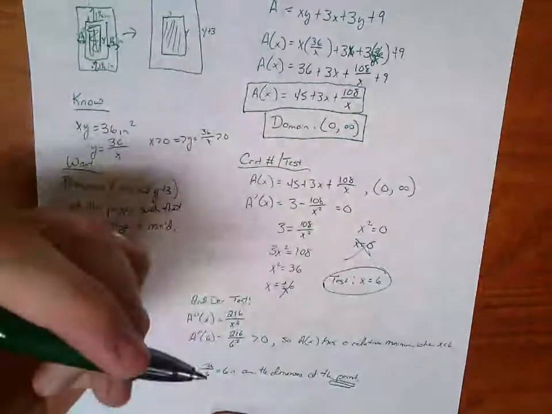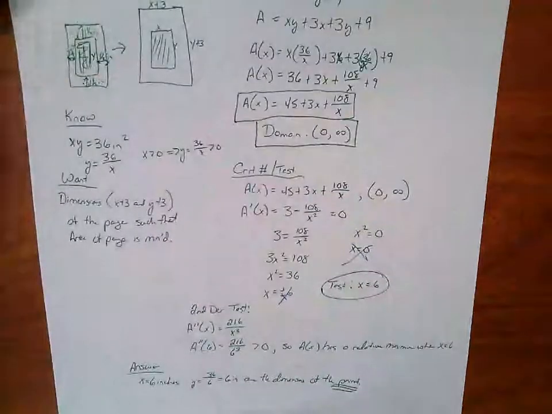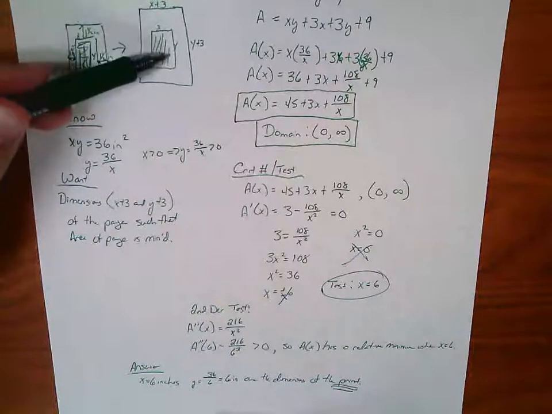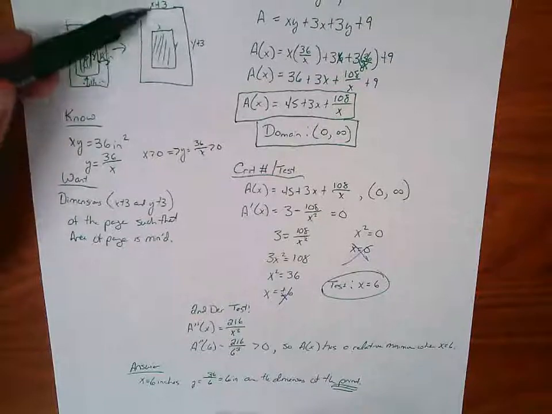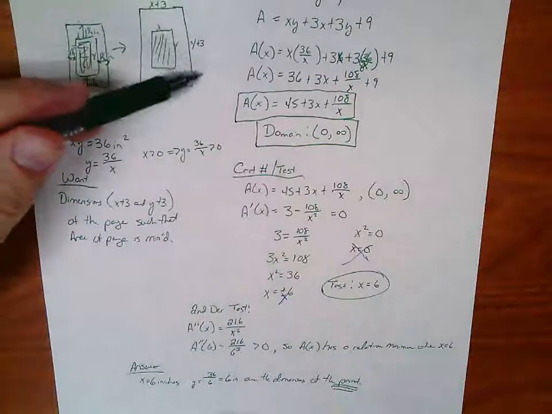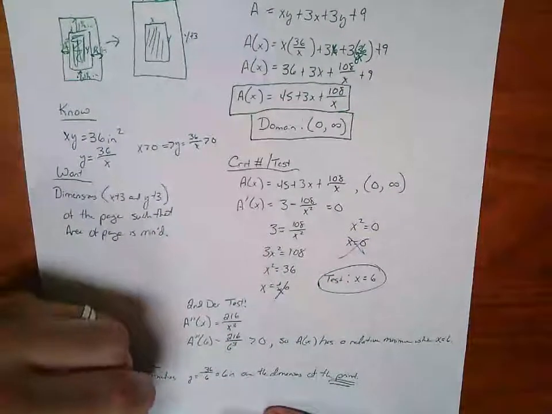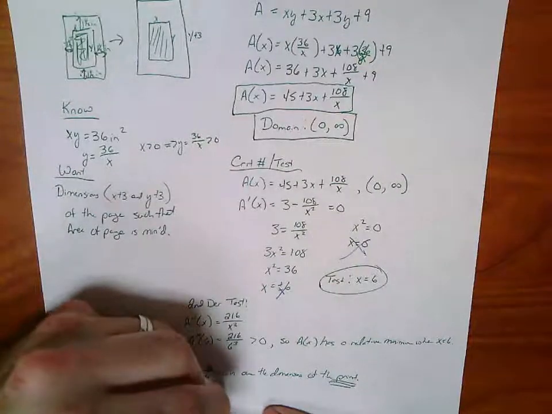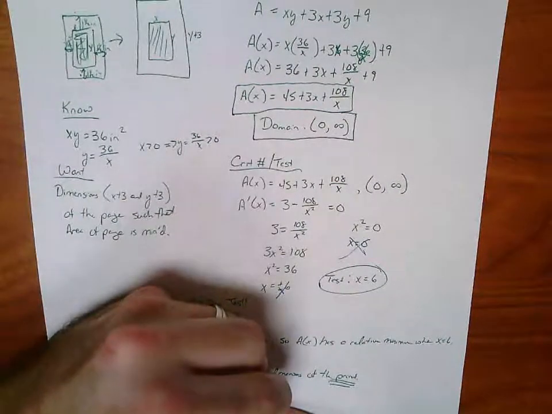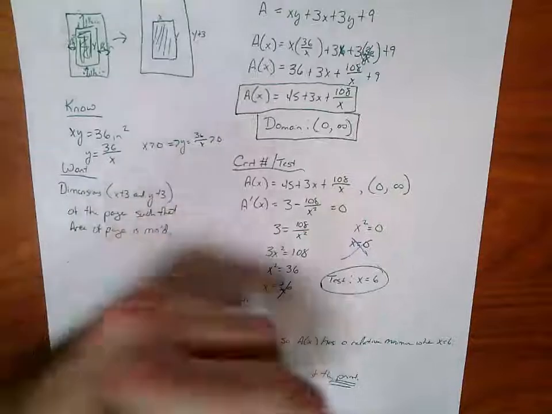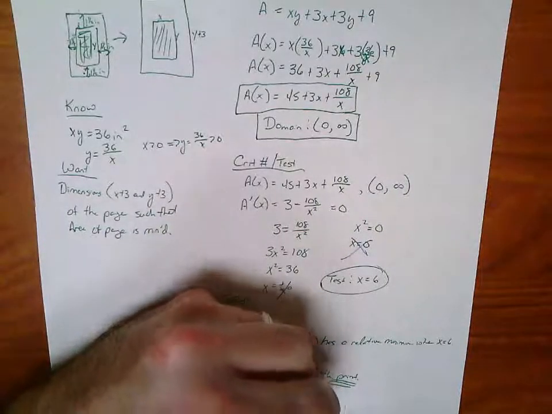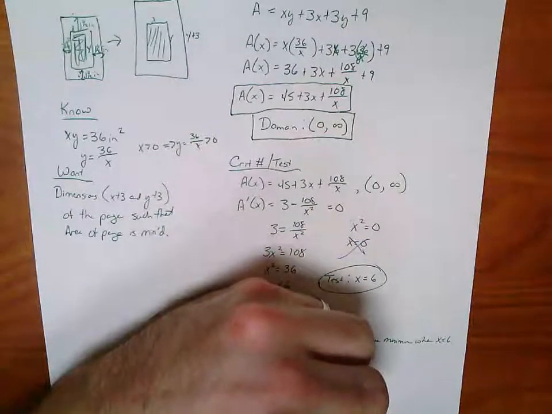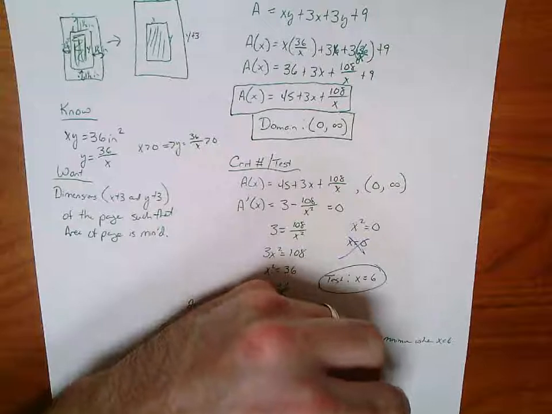What did we want? We wanted dimensions of the page, right? So of the entire sheet of paper. Remember, x and y are our dimensions of the print. So to get the dimensions of the page, we need to add 3 to both x and y. So the dimensions of the page are x plus 3 equals 9 inches by y plus 3 equals 9 inches.